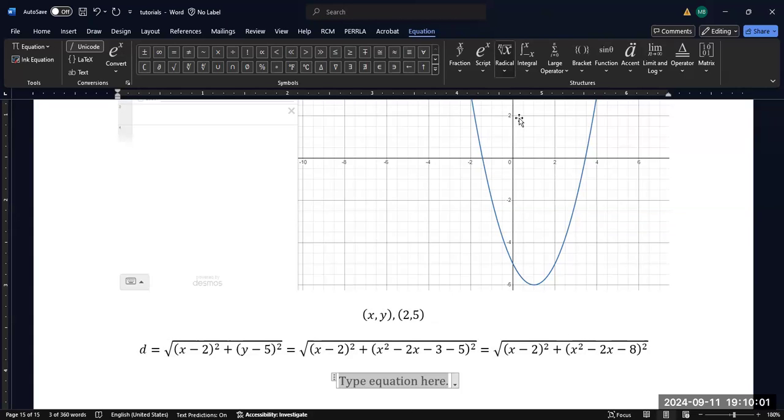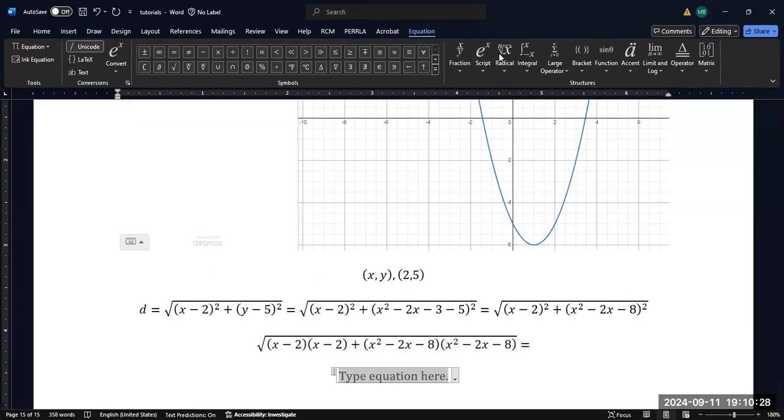One thing that's very important to keep in mind is you cannot distribute powers. You have to actually FOIL. For the first part, you can use the perfect square trinomial formula from the squaring of a binomial. But for the second component, we are going to have to just FOIL. So I'm just going to FOIL both of them.